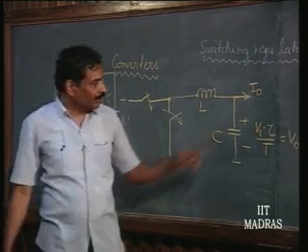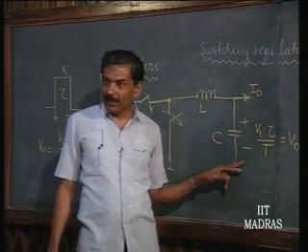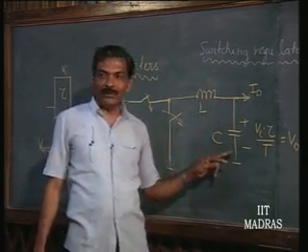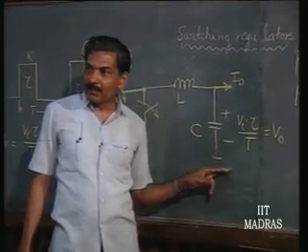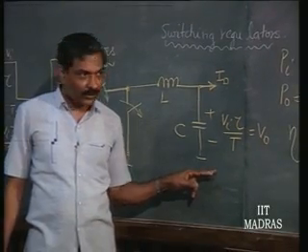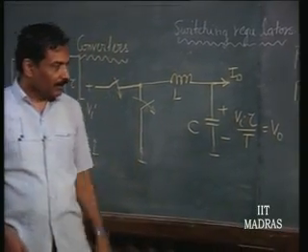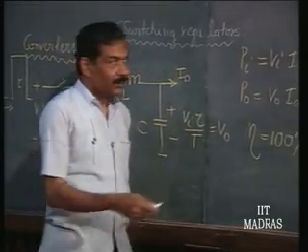What it means is the ripple voltage here is assumed to be extremely small. Already you are assuming that L and C have been chosen in such a manner that V naught is for all practical purposes equivalent to a DC.